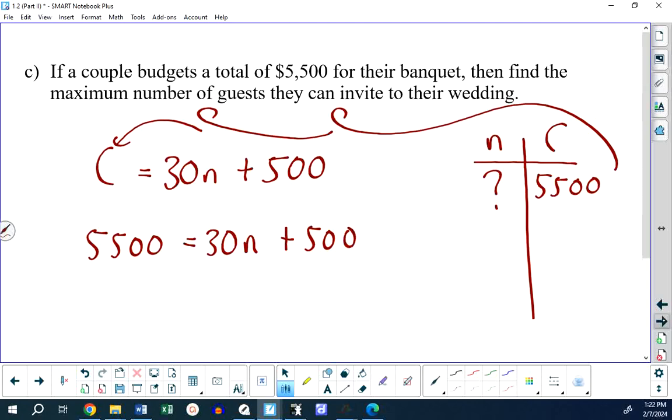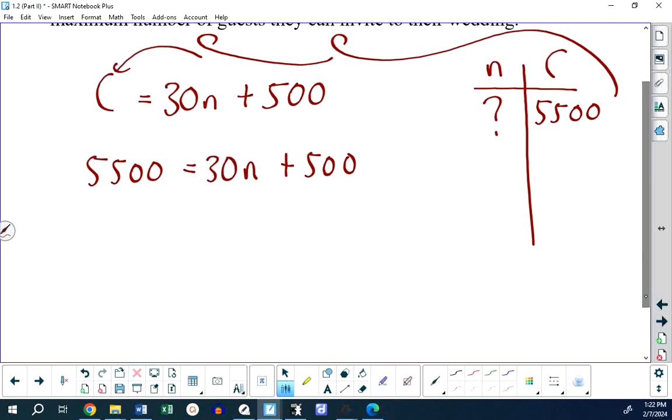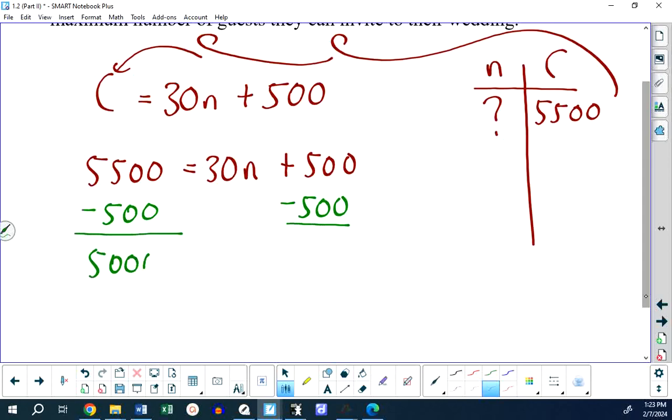But you are going to do the same thing we did before. You're going to subtract 500 and then you're going to divide by 30. So minus 500 from both sides, which is 5,000 equals 30n. And we take 5,000 and divide by 30.